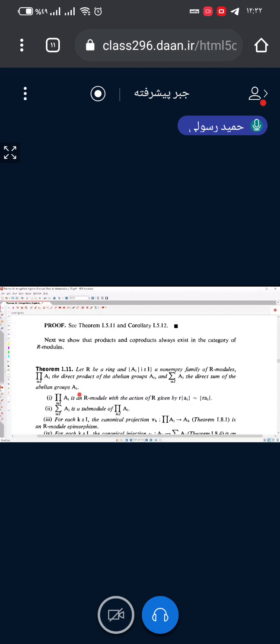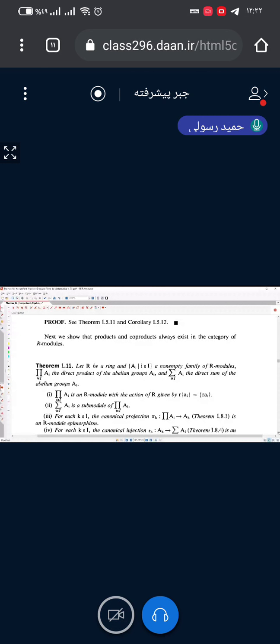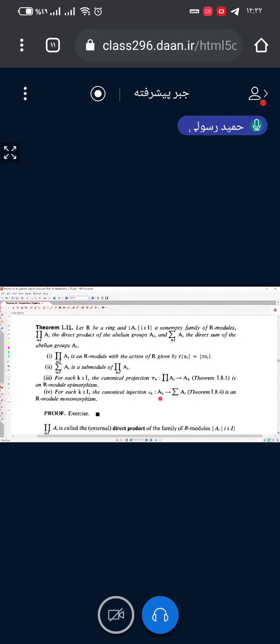Number one, the product of A_i is an R-module with the action of R given by r·(a_i) equals the sequence (r a_i).